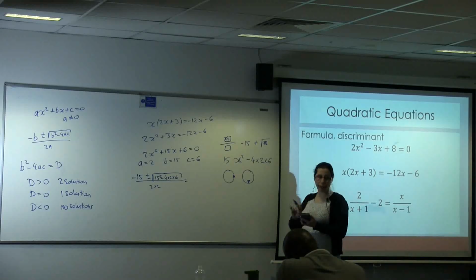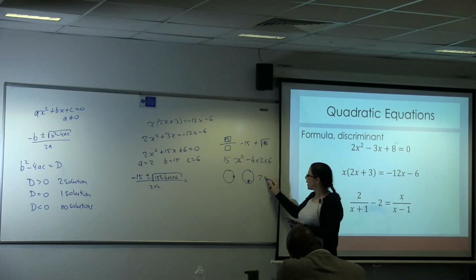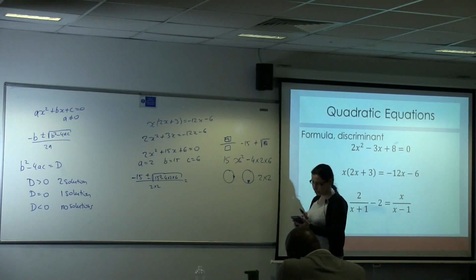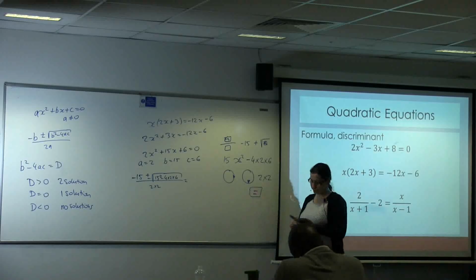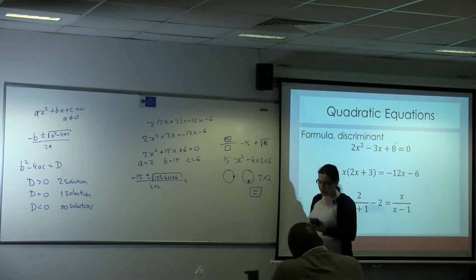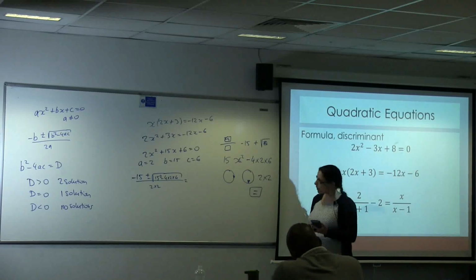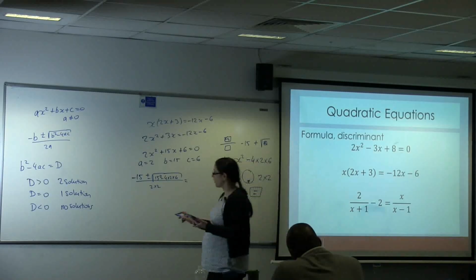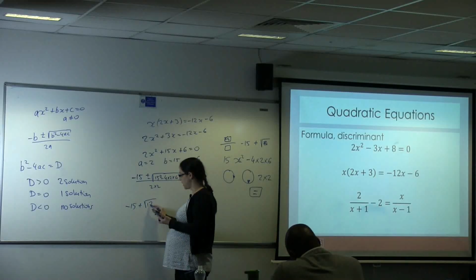So you're navigating around the screen with these arrows. And now you just type in 2 times 2. Then you can hit the equal button. And that's given me a rather nasty number. Okay, so that's given me minus 15 plus square root of 177 over 4.